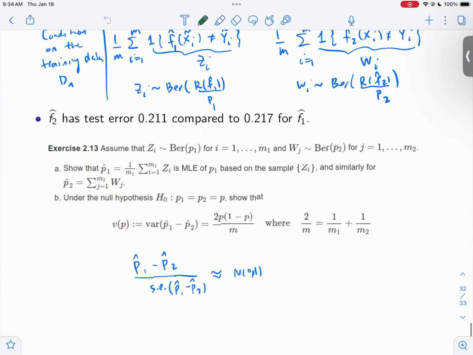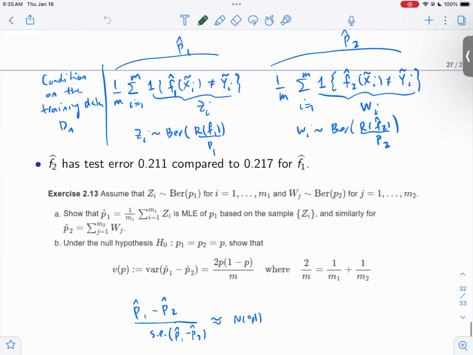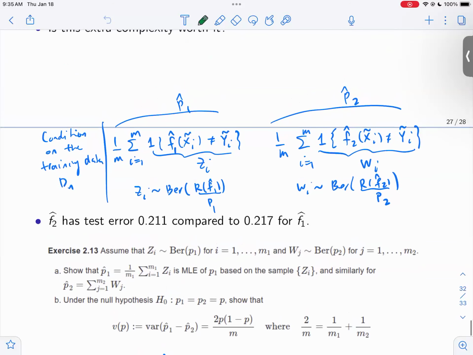So I started doing this. There are a couple of ways of doing it. The simplest way is to recall that these test errors are just averages.